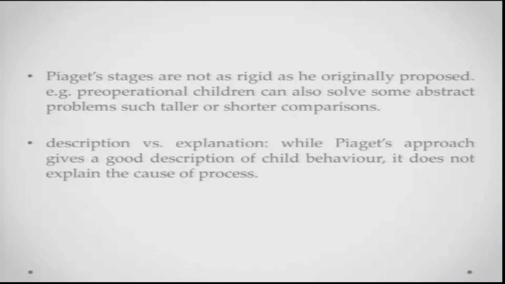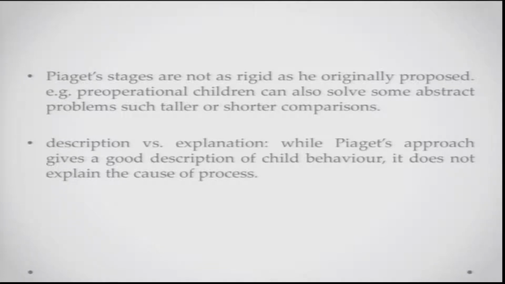Another, and this is the major aspect why I think Piaget's theory falls short, is that this is a theory that talks more about description than explanation. If you look at how Piaget draws this typology of development, this whole sequence, these stages are more descriptive in nature.